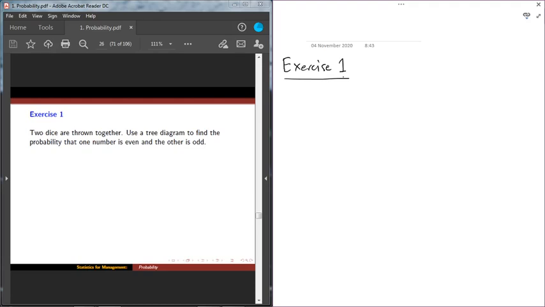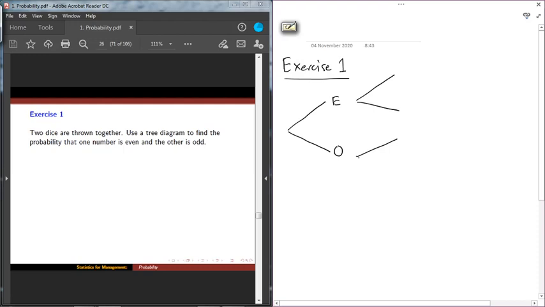Use a tree diagram to find the probability that one number is even and another number is odd. Even, odd, even, odd. So this is the first die, this is the second die.